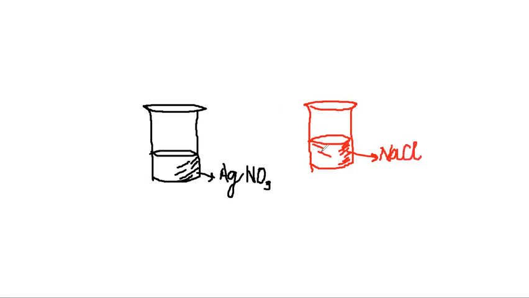Now after preparing these two solutions, I mix NaCl solution in AgNO3 solution. Okay. When we mix these two solutions, you will see here a white solid substance.